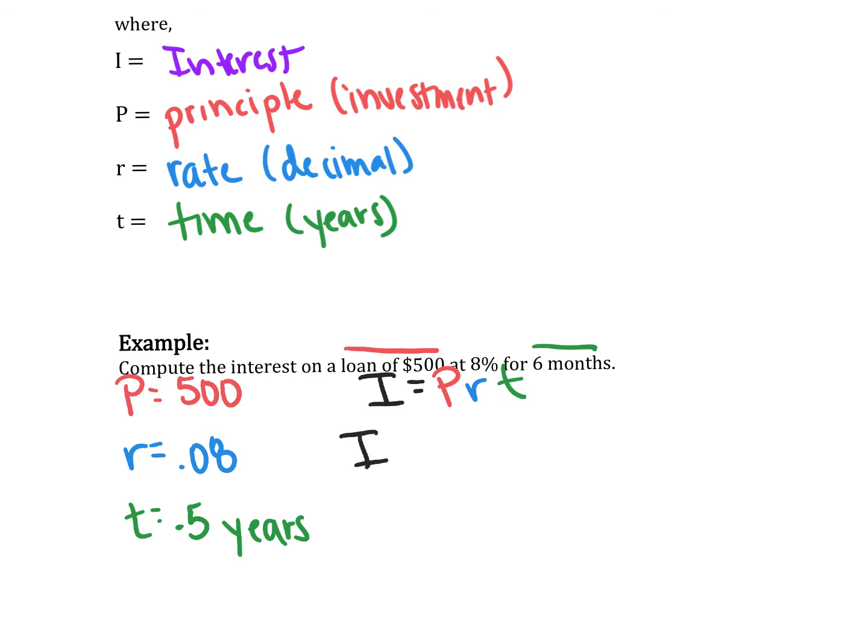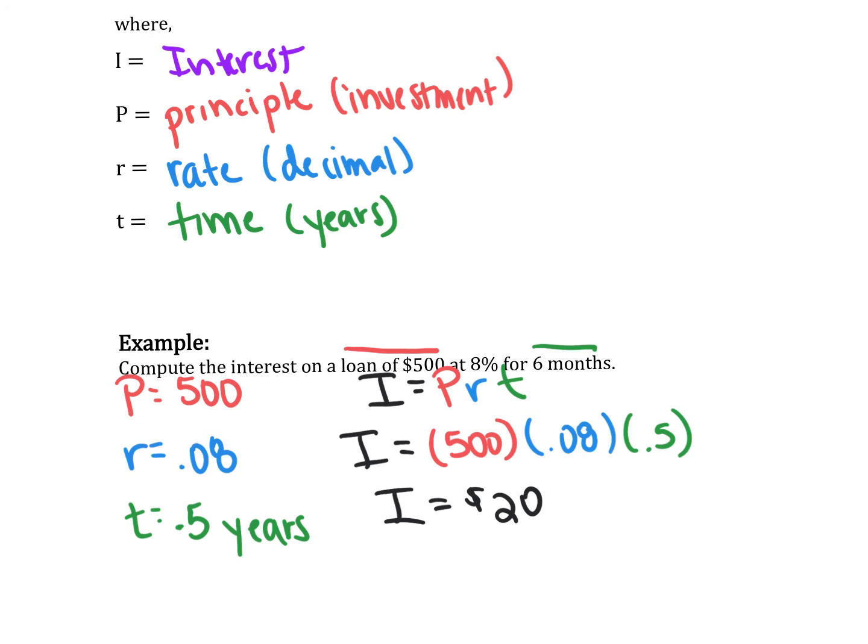So here, I is equal to 500 times 0.08 times 0.5. Calculating that, I get I is equal to $20. So the amount of interest that accumulated on this particular loan in half a year, at 8% interest, is $20.